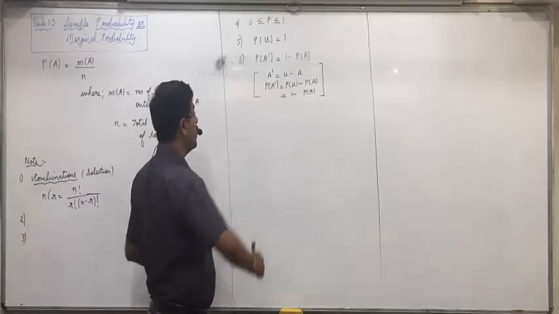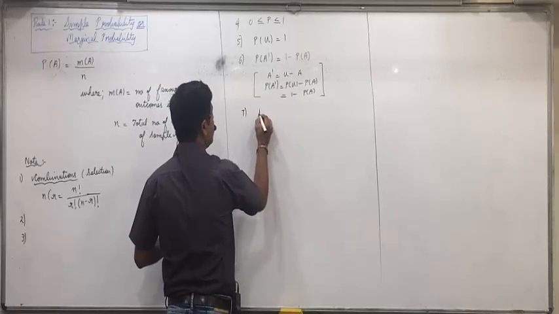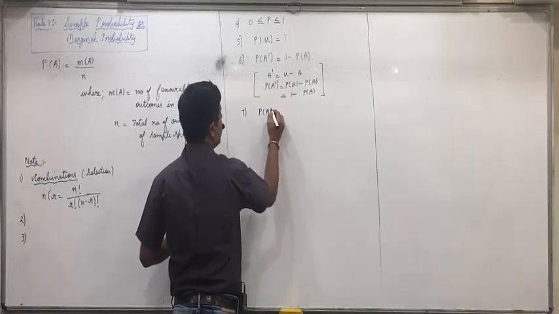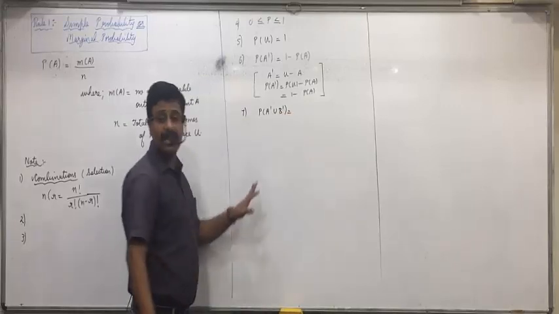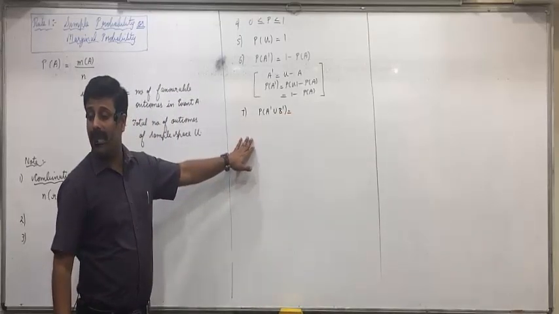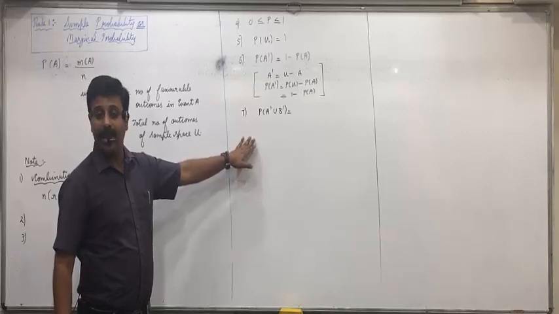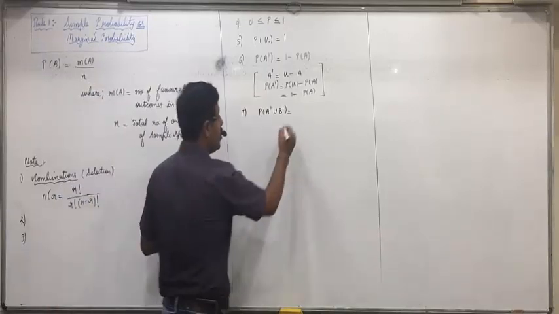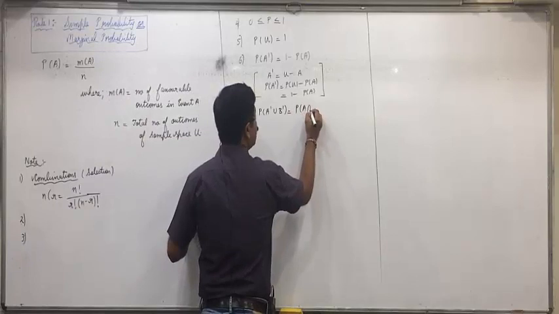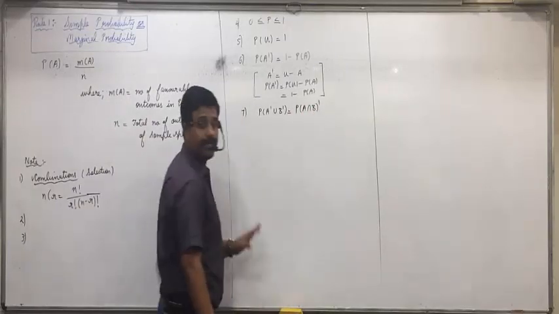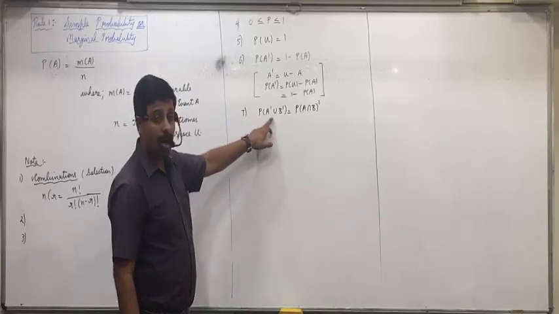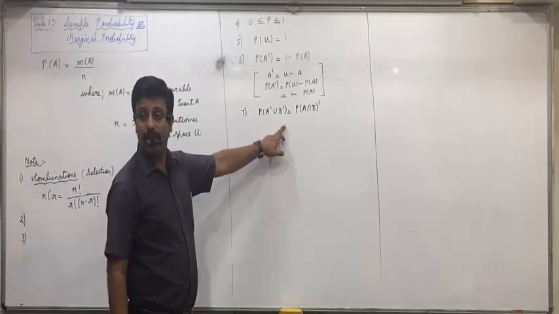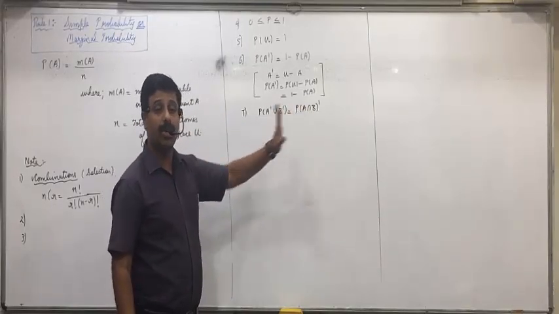Got it, everyone? Further, P of A complement union B complement, that means A naught union B naught. What happened? P of A naught union B naught will be equal to P of (A intersection B) whole naught. A naught union B naught will be (A intersection B) whole naught.